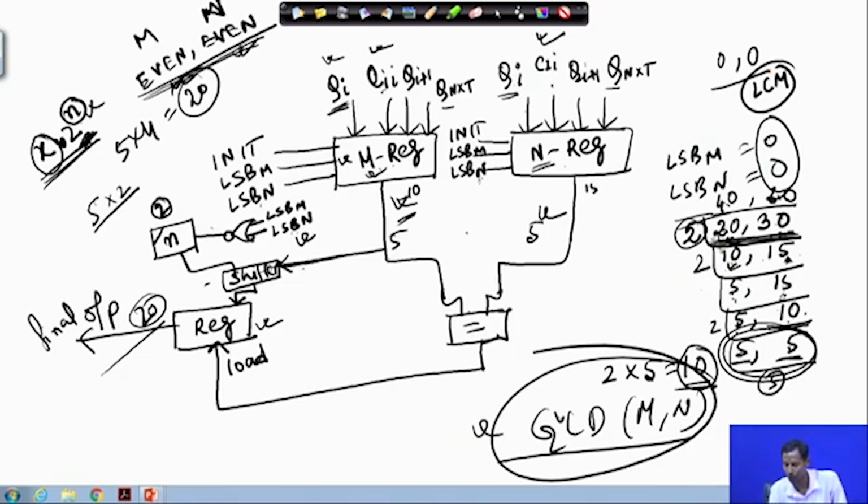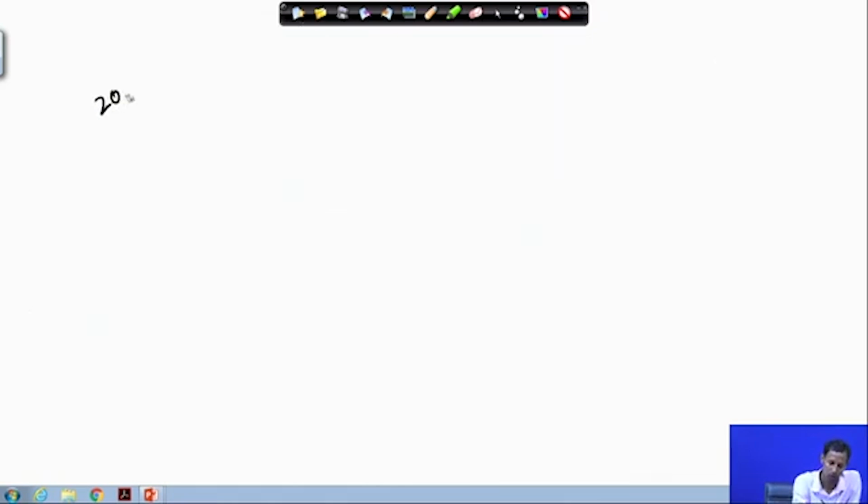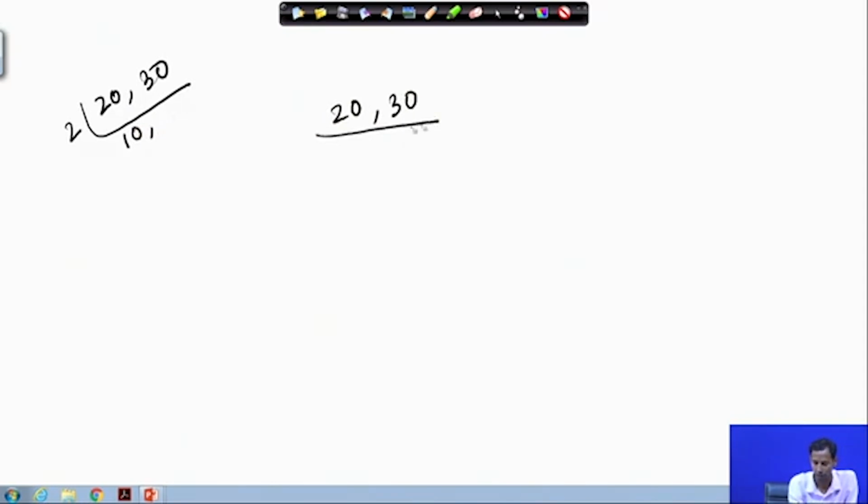So here, to get the LCM, if I take 20 and 30, then here it is 10 and 15.